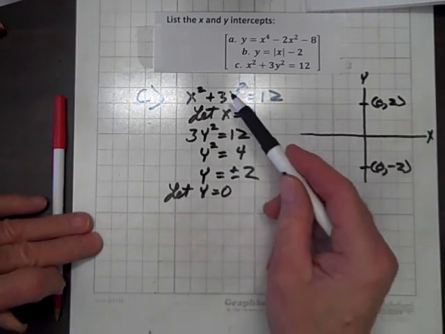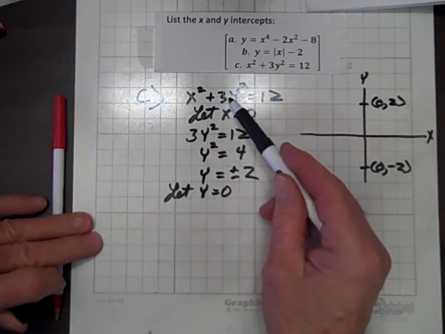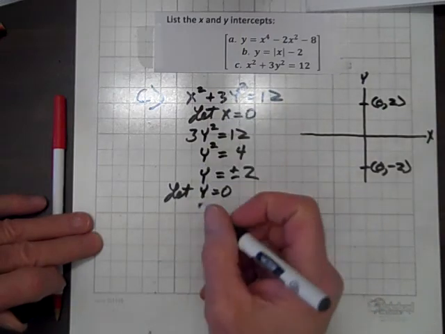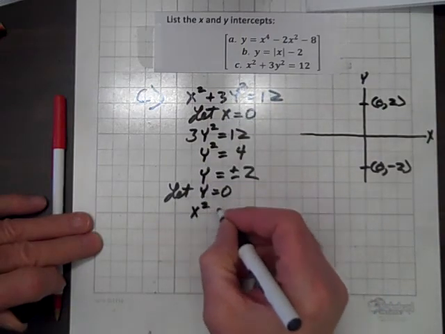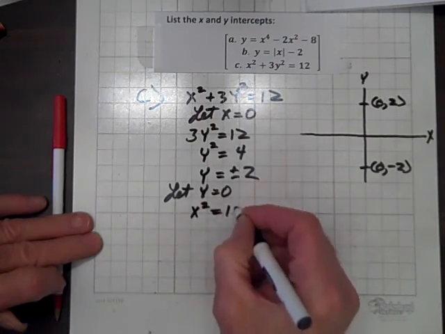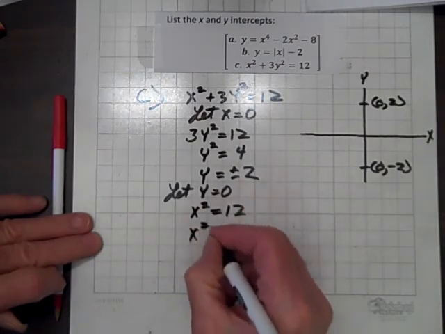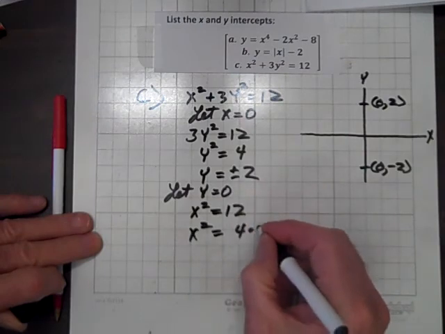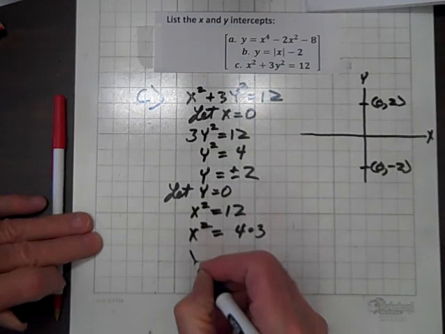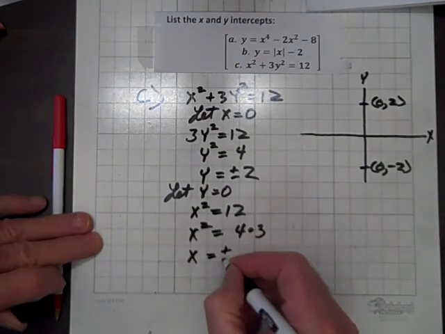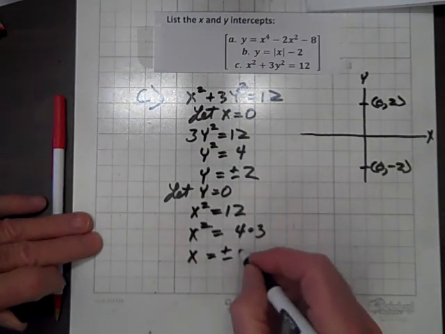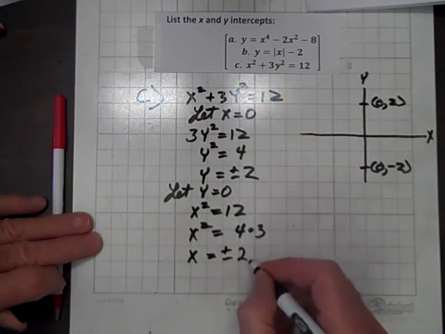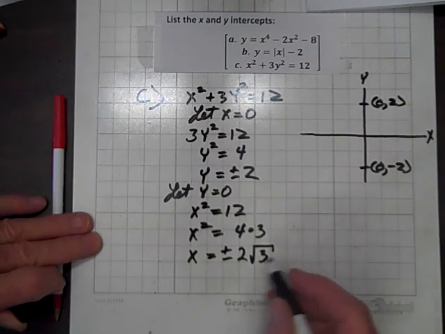If y equals 0, this second term will vanish, and we'll be left with x squared equals 12. That is, x squared equals 4 times 3. So x equals plus or minus, the square root of 4 is 2, and the square root of 3 is the square root of 3. These are our two x-intercepts.